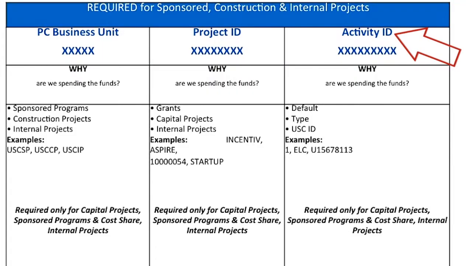Now, in the activity ID, for sponsored programs and capital projects, the value is just going to be the digit 1, okay, all the time. Now, after we get used to understanding how we could better use this field, we may expand on it. But for those 2 types of projects, it's going to be 1.